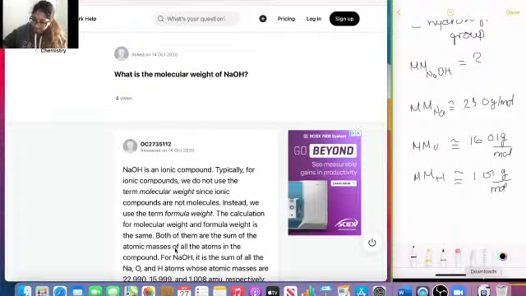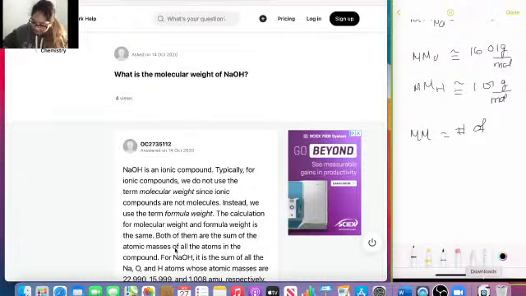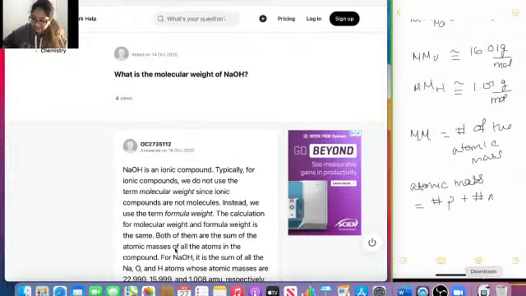This is given in the periodic table, but also the molar mass of any element is basically equal to the atomic mass of that element, where atomic mass is equal to the number of protons plus the number of neutrons, and this is given in the periodic table itself.